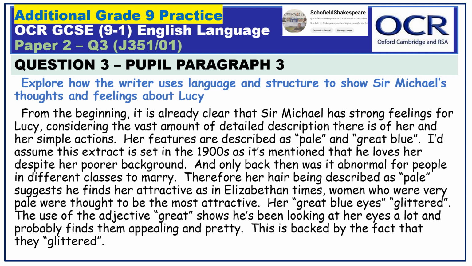Therefore, her hair being described as pale suggests he finds her attractive, as in Elizabethan times, women who were very pale were thought to be the most attractive. Her great blue eyes glittered. The use of the adjective great shows he's been looking at her eyes a lot, and probably finds them appealing and pretty. This is backed up by the fact that they glittered.